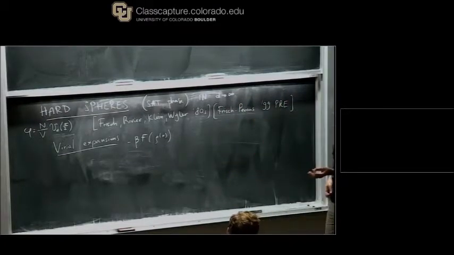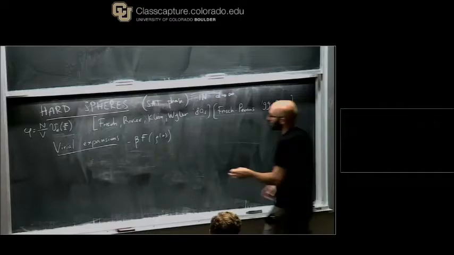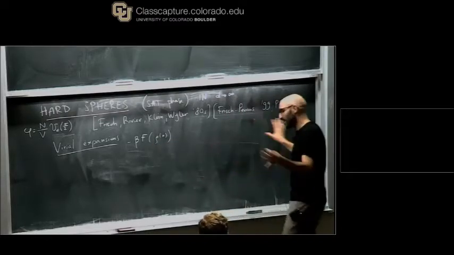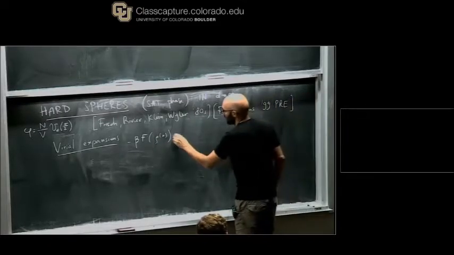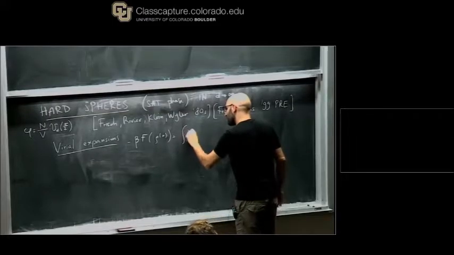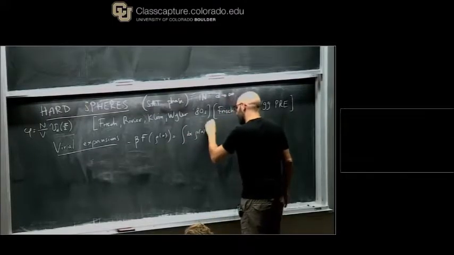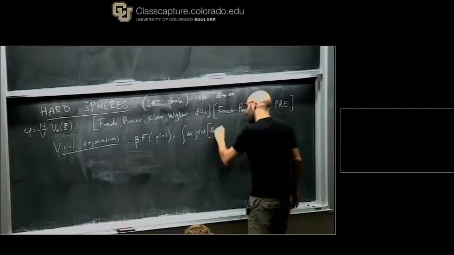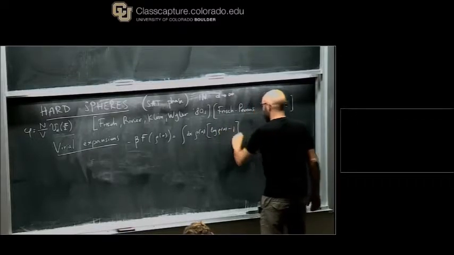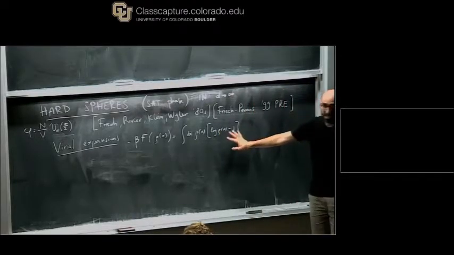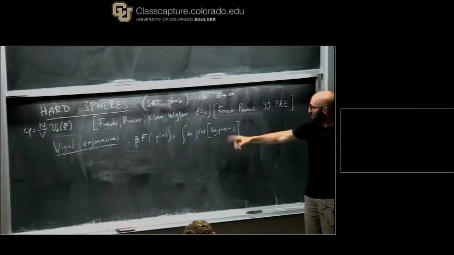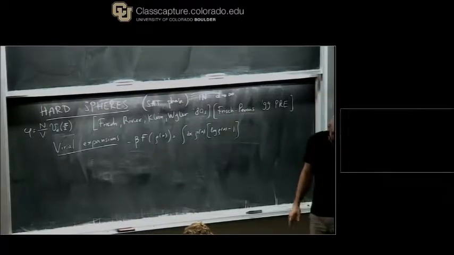It's like the magnetization in a magnetic system. So this is the free energy as a function of a spatially dependent order parameter, and you can construct it by a Legendre transform. You will have a term that is the ideal gas.